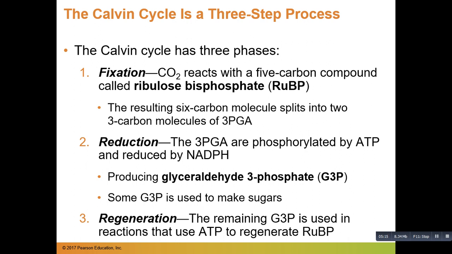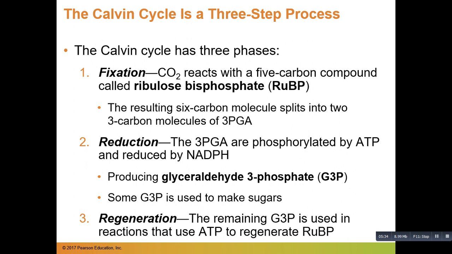These are going to be combined to form our glucose molecules. But this is a very simple carbohydrate. A 3-carbon molecule of 3-PGA is a very simple carbohydrate.